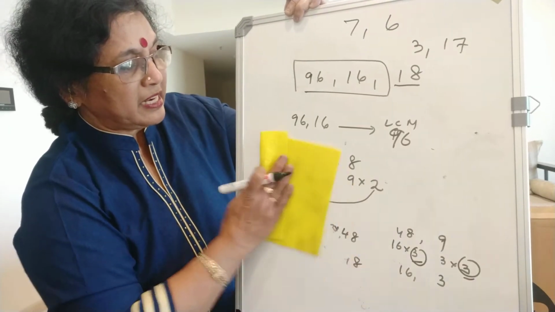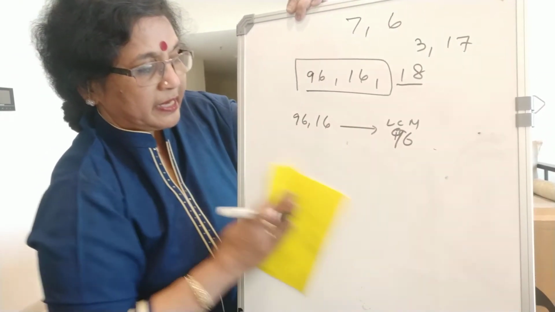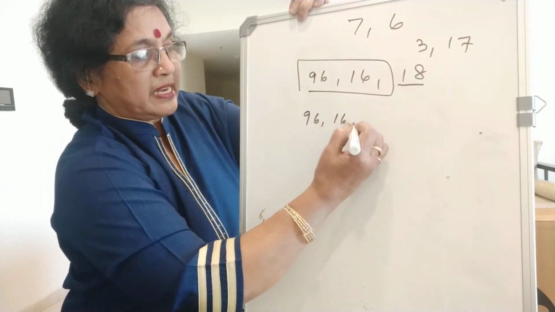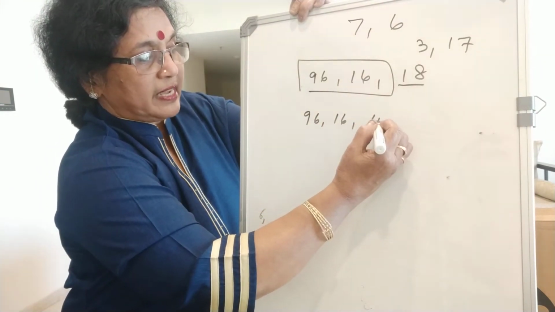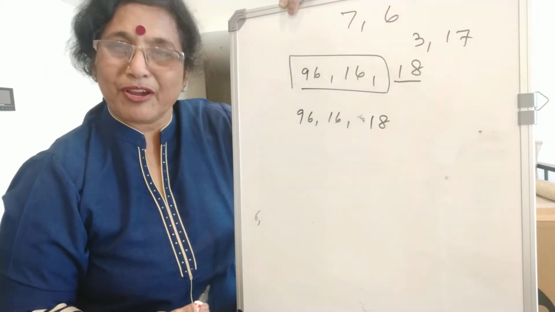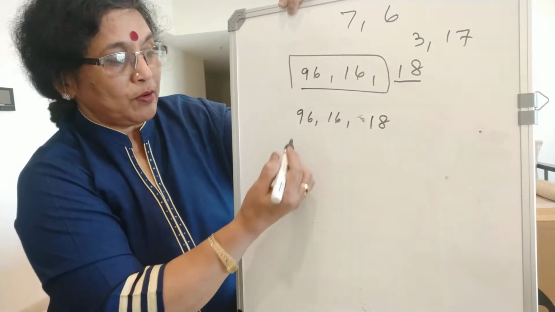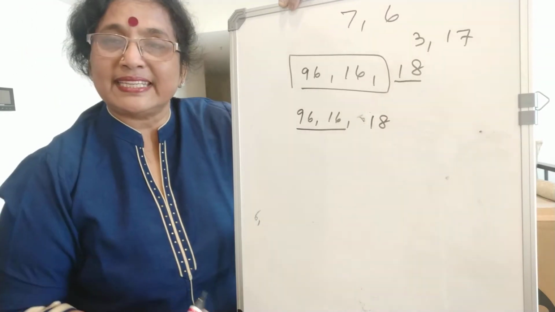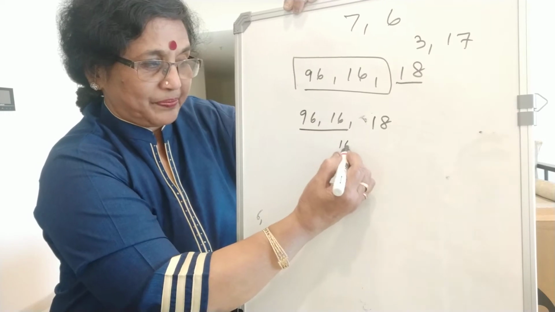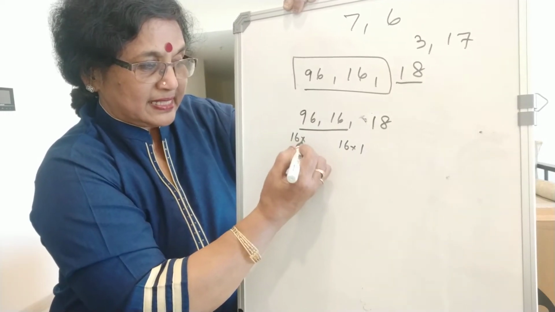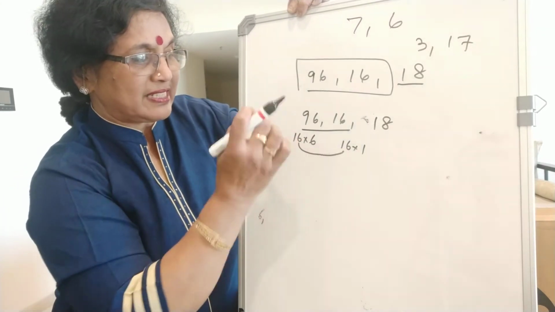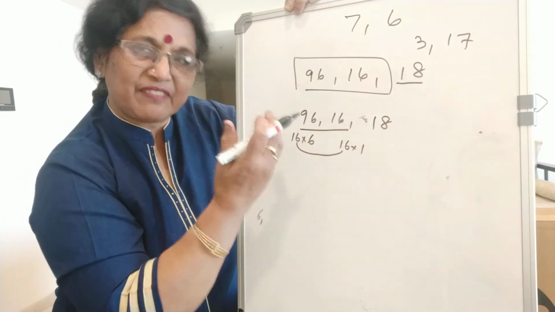I repeat again. Suppose you have 96, 16 and 18. You had 3 numbers whose LCM you have to find. Yes? So you know these two, 96 and 16. 16 ones are 16 and 16 6s are 96, and the LCM of 6 and 1 is 6. So 96 is itself the LCM.